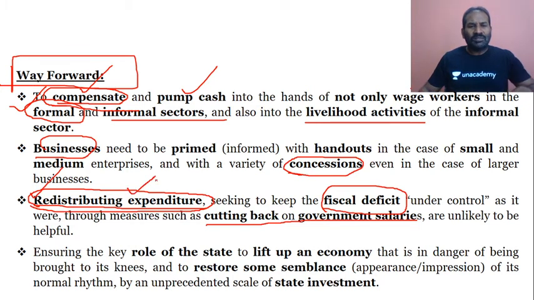important. Sometimes if you do not understand the basics of redistributing expenditure, how it will impact the fiscal deficit in a positive way, under control, this is important, because redistributing expenditure is not pumping money into the market but cutting back on government salaries.